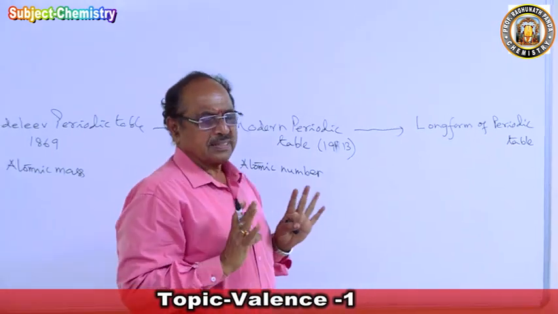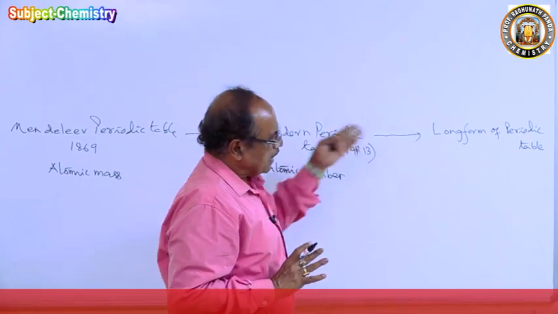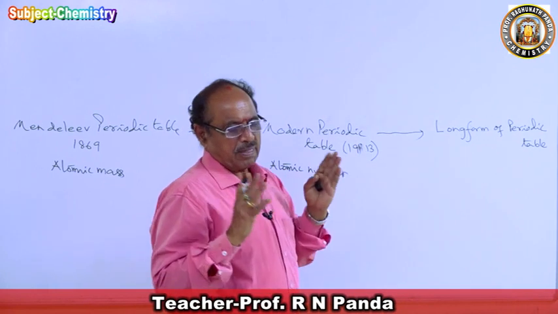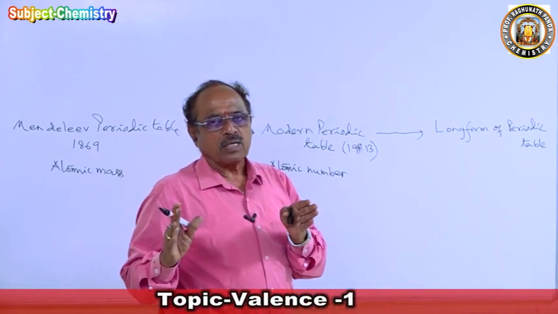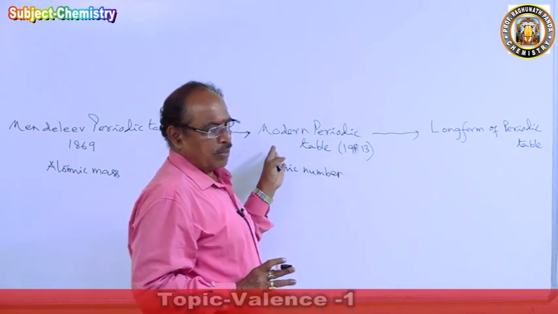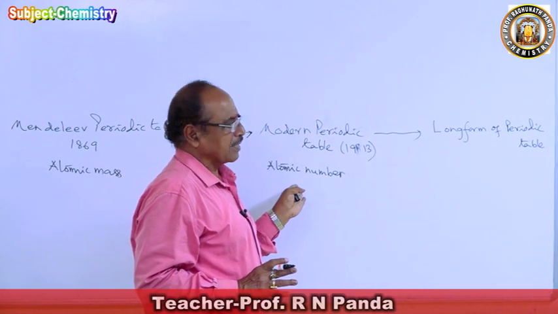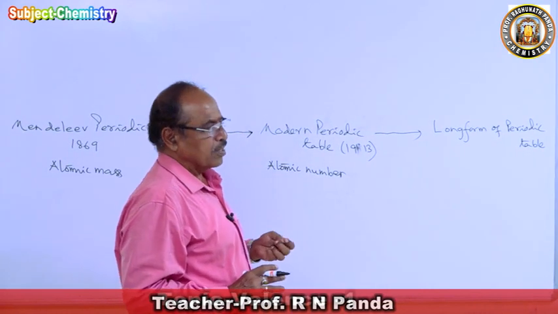They are the same. The whole periodic table was divided into 4 blocks: S block, P block, D block, F block. The elements are arranged according to atomic number, and groups were divided into A subgroup and B subgroup.